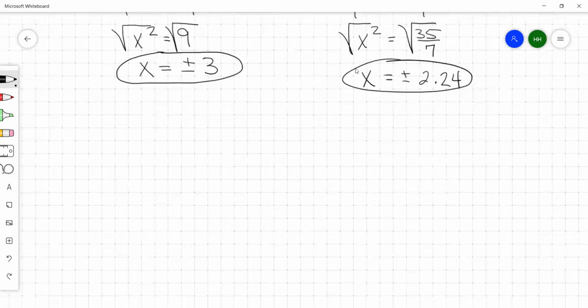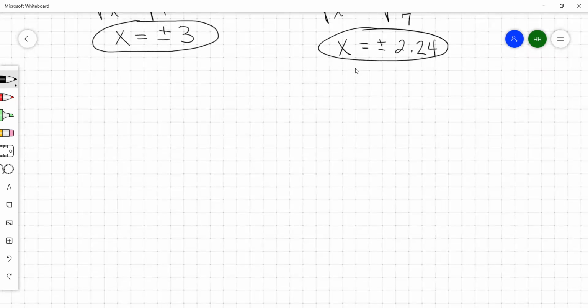Let's do one more of these. Let's take 2x squared plus 9 equals 13. We can subtract 9 from each side.